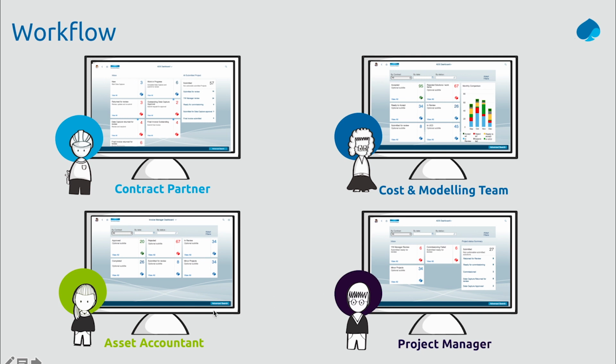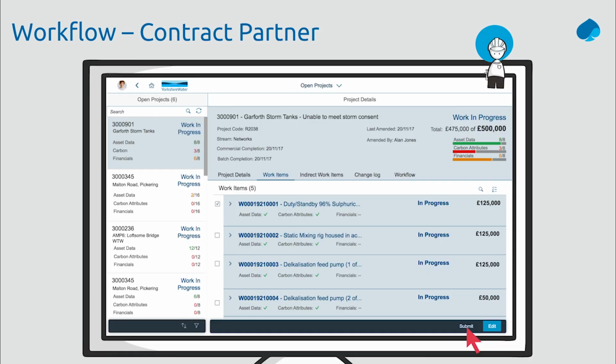The asset accountant would have a similar type of filtering, but they would have different statuses depending on which journey they would be at. And then the project manager, again, a reduced version of those statuses, because they only need to action or approve things at certain stages. So that's your overview page.